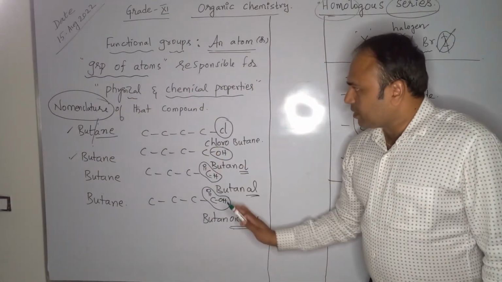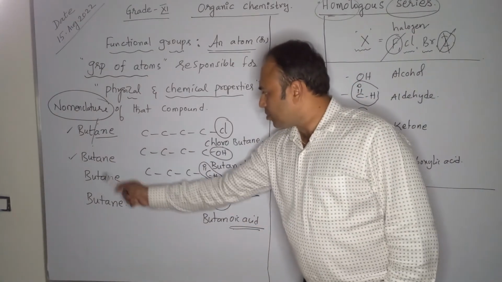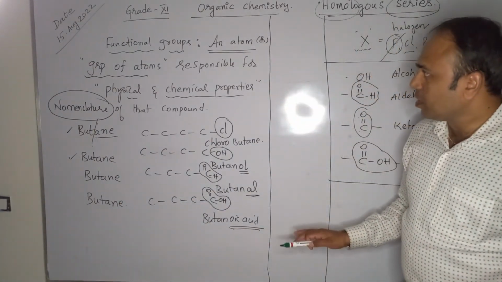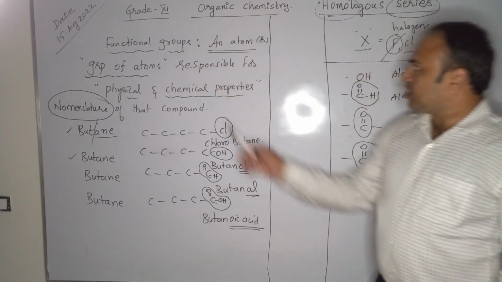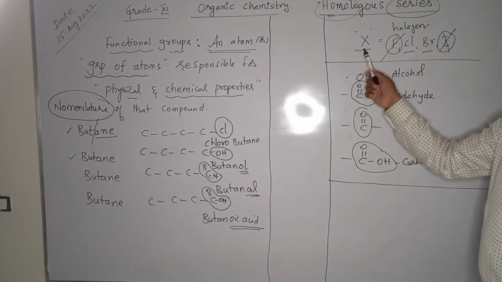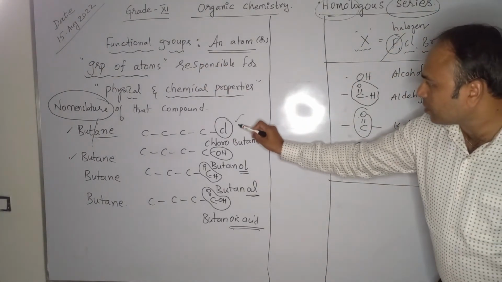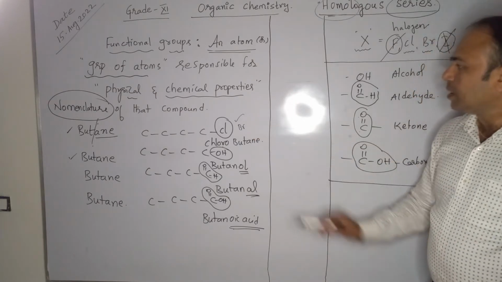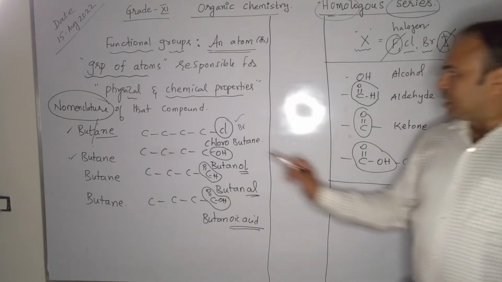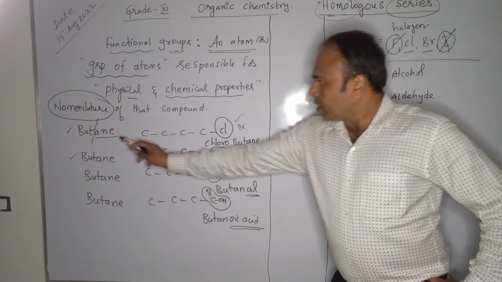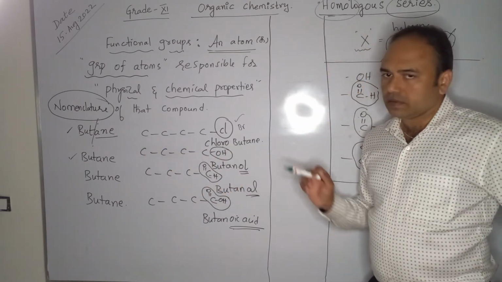4 carbons are there, so accordingly butane. But because of these functional groups, which functional groups? Either an atom like chlorine, or you can also write bromine. What happened here? The name changed. Instead of butane, you have to write chlorobutane.